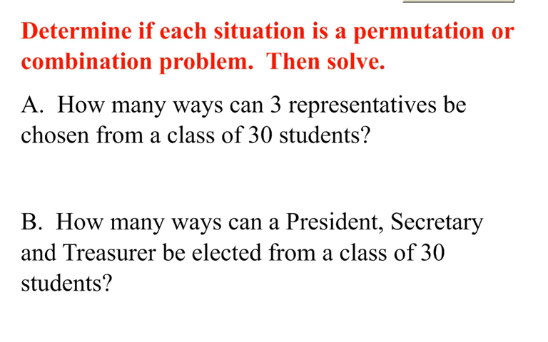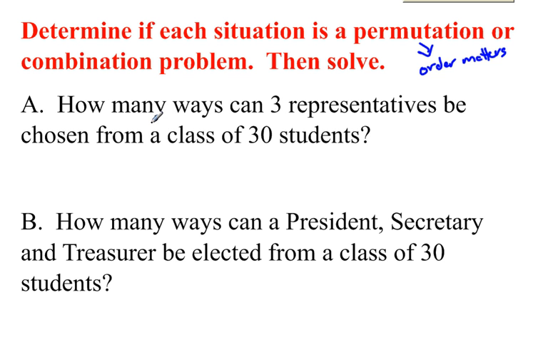Okay, so now let's look at these next 2 problems. The first thing we need to do is figure out if it's a permutation or a combination. And just a reminder that in permutation, order matters. All right, so in this first question, we're asked how many ways can 3 representatives be chosen from a class of 30 students?